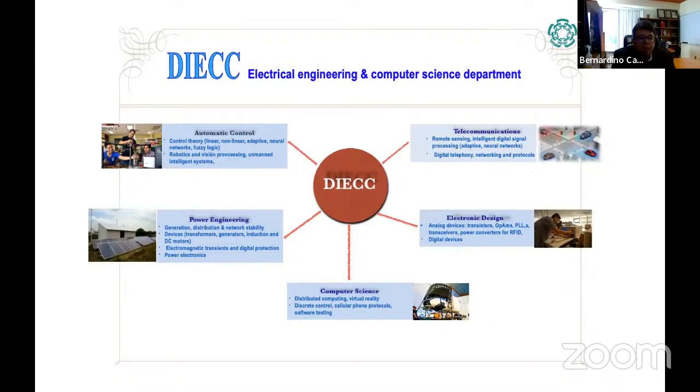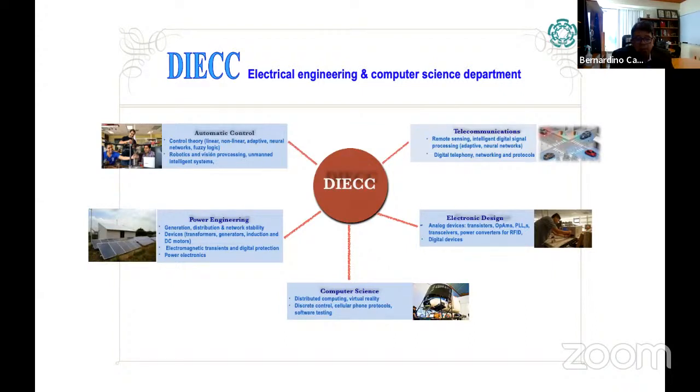We have power engineering, mainly devoted to generation, distribution, and network stability, and the design of power electronics devices like induction DC motors, converters, electromagnetic transients and digital protections, etc.